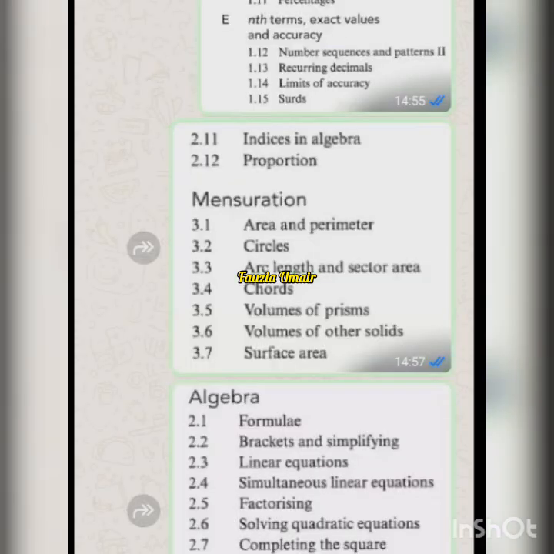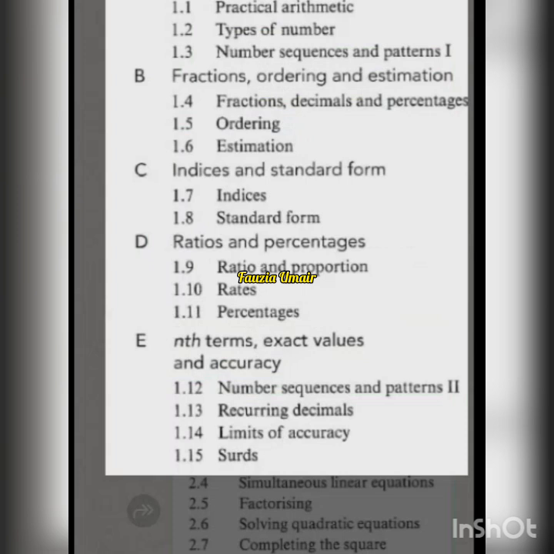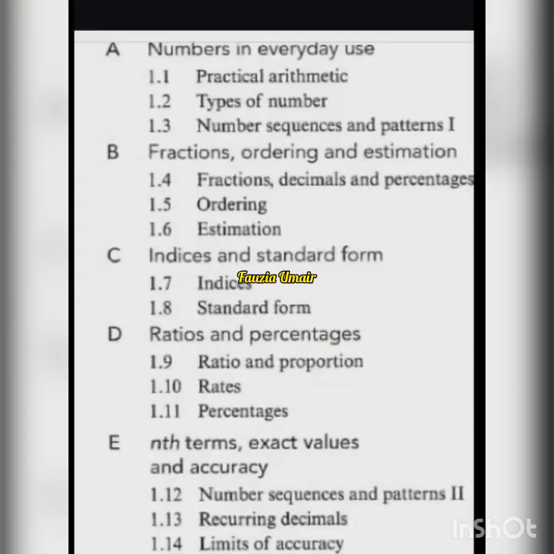This is how we started. I hope you can see it on your screen. This is the syllabus for 4024 paper, and I have started from the first topic, practical arithmetic. We have done types of numbers. Okay, so we are left with number sequences and patterns.